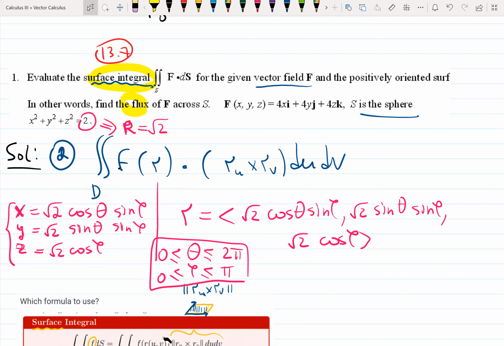Find the flux, 1 and 2. So review 1 and 2. That's actually good enough. I would say the examples in class were better than this. So number 1 and number 2, review this for the test. And if I give you parametrization, that's even faster then. That's good. Let's do one without F.